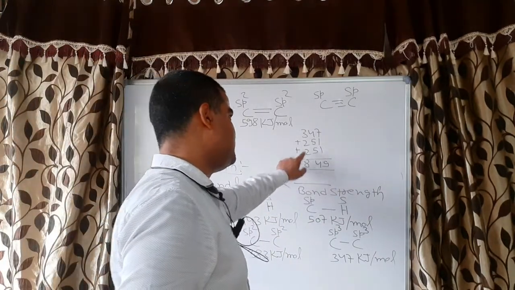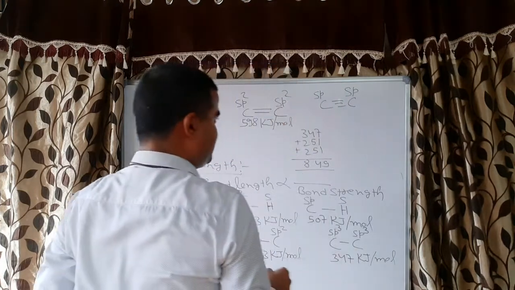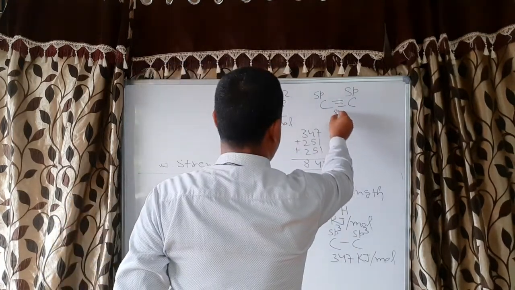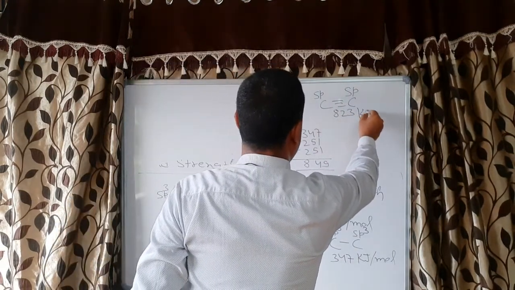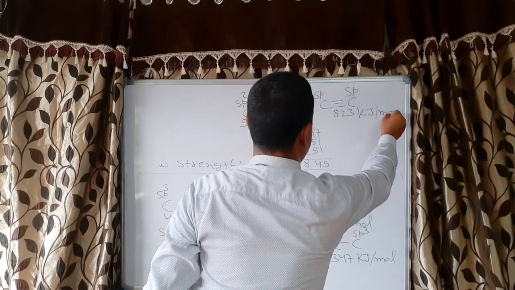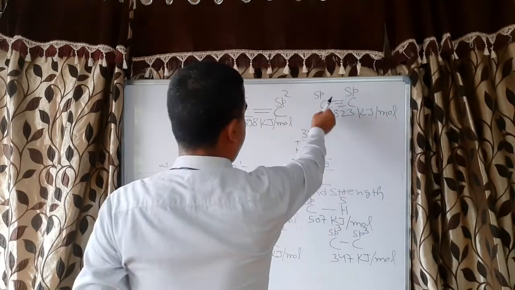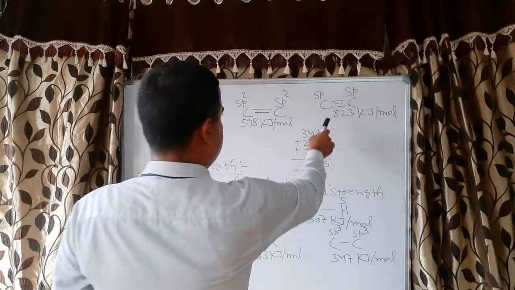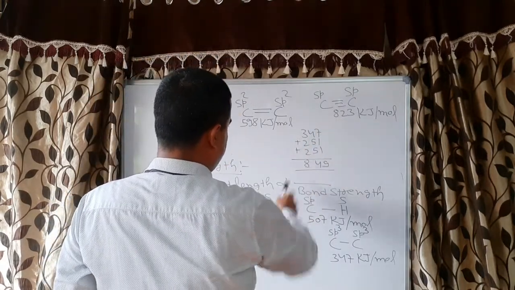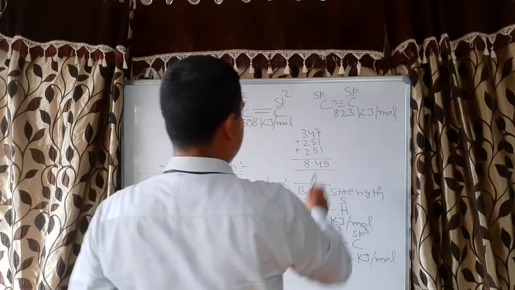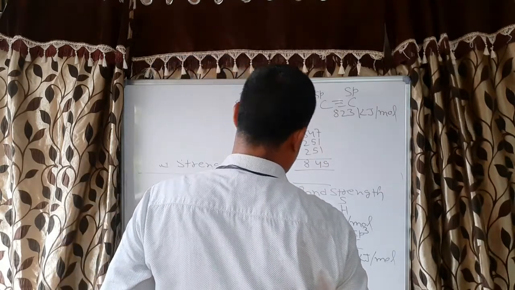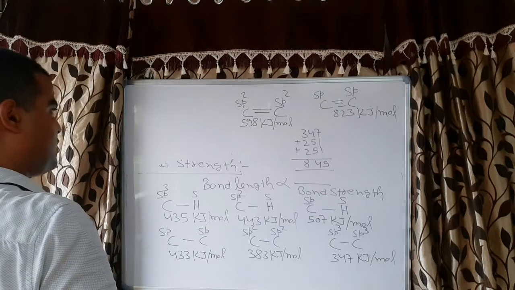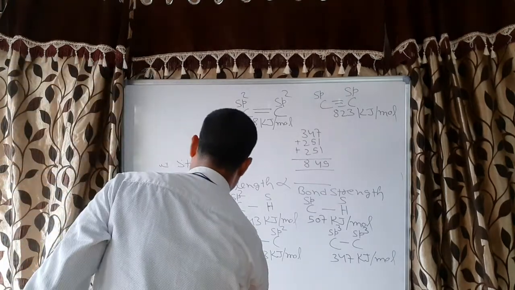But actually the bond energy of the CC triple bond is 823 kilojoule per mole because of the pi-pi interaction. That is the reason the energy decreased from 849 to 823 kilojoule per mole. So that is the effect of hybridization on bond strength.